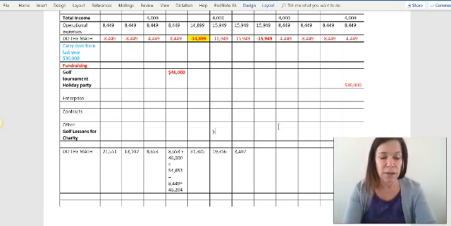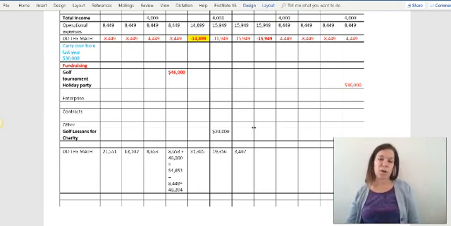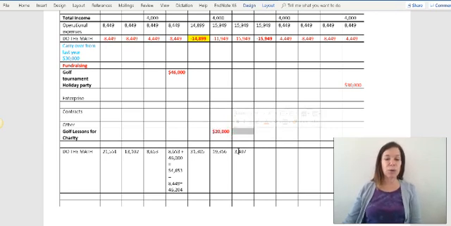we raise $20,000 for this event right here. Again, making it up, no idea. But now I know I've got $20,000 more in my pot.